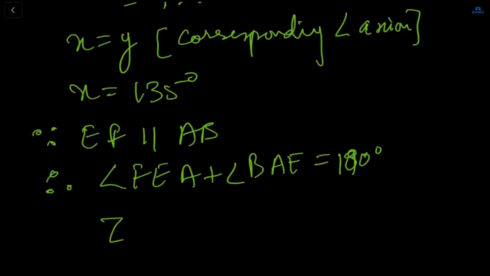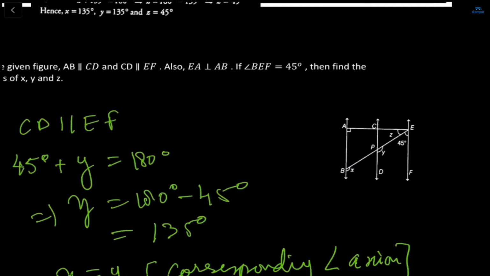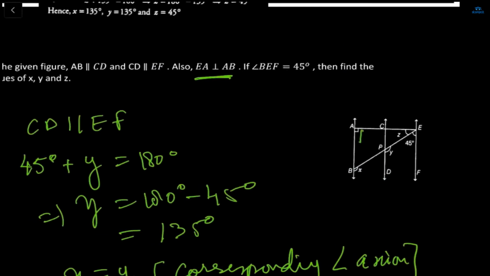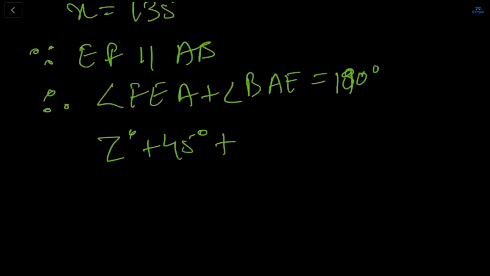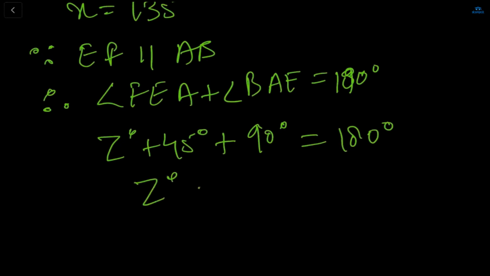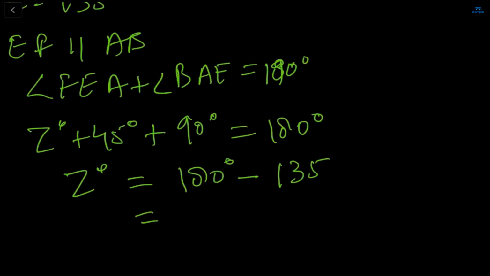So Z degrees plus 45 degrees plus BAE. It is written here that EA is perpendicular to AB, which means it is 90 degrees. So Z will be equal to 180 degrees minus 135 degrees, which is 45 degrees. Z will be equal to 45 degrees. Any doubt?